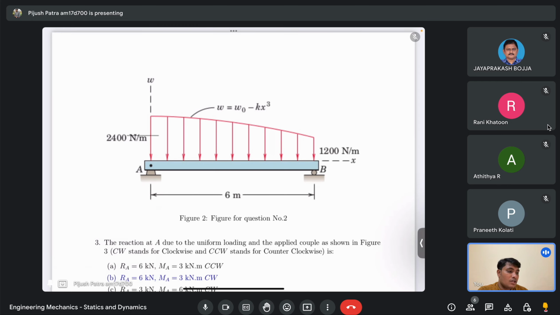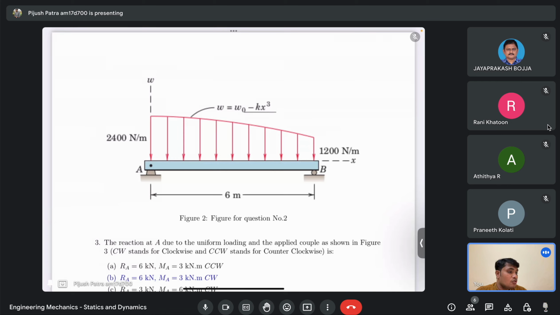At the pin support you will have the reaction force both in the x direction and the y direction, and in the roller support you will have the reaction force only in the vertical direction. This W, which is in Newton per meter, is given at point A and also at point B. So you can easily calculate W naught and K. How?